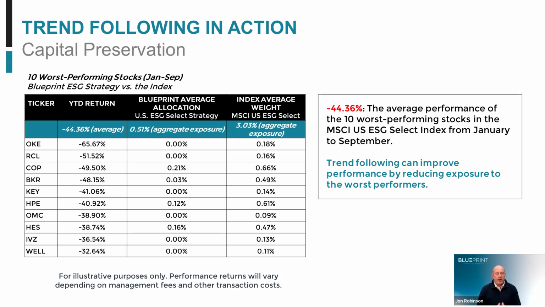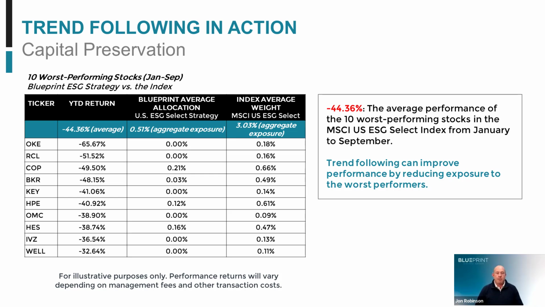So another way to put that is the downtrends can be so persistent that by just looking at the trend, paying attention to it, identifying and reacting to it, you preserve capital and you run a higher probability of staying out of trouble, right? So compare that column to the index weight, which has had just over 3% exposure to each of these stocks.